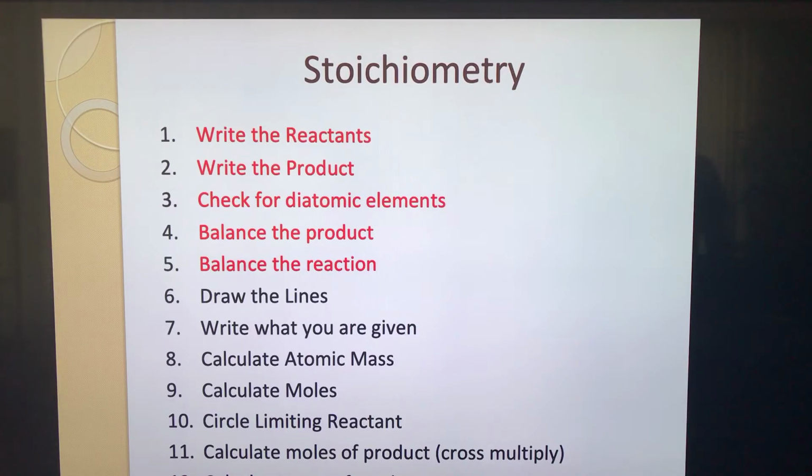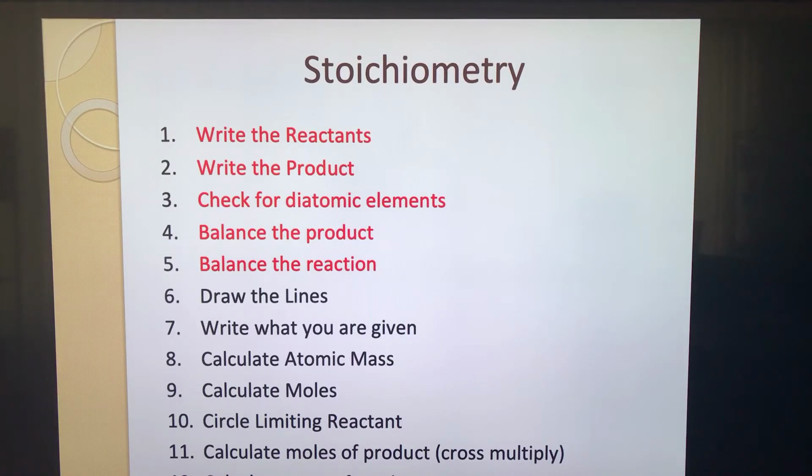All right, so these are the steps we go through. Those first 5 in red I went through earlier on the starter. We just write the complete balanced reaction. Step 6, we draw those lines and set up the problem. Step 7, write what you're given. 8, we're going to calculate the atomic mass by going to the periodic table. Number 9, convert the mass we are given into moles. We do some division there.